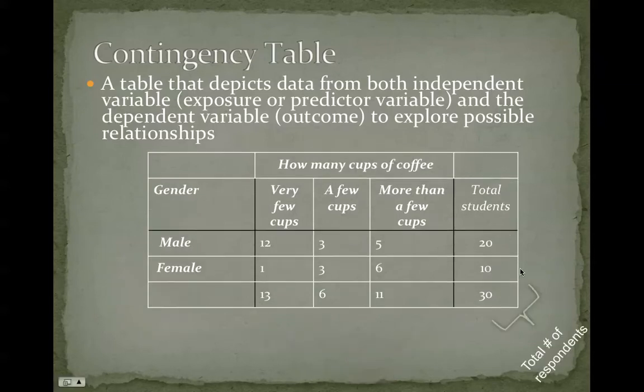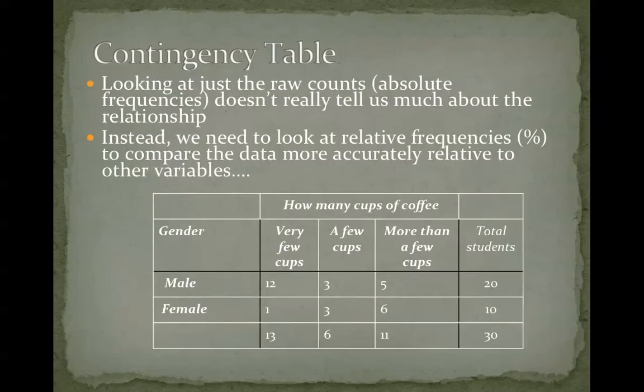Here I'm just pointing out that your total number of respondents in your study should be easily depicted in the corner cell. Looking at just the raw counts, or the absolute frequencies, also referred to as absolute numbers, doesn't really tell you much about the relationship. If I just look at these numbers, 12, 3, 5, 1, 3, 6, I really can't tell you whether there's a relationship between gender and coffee intake.